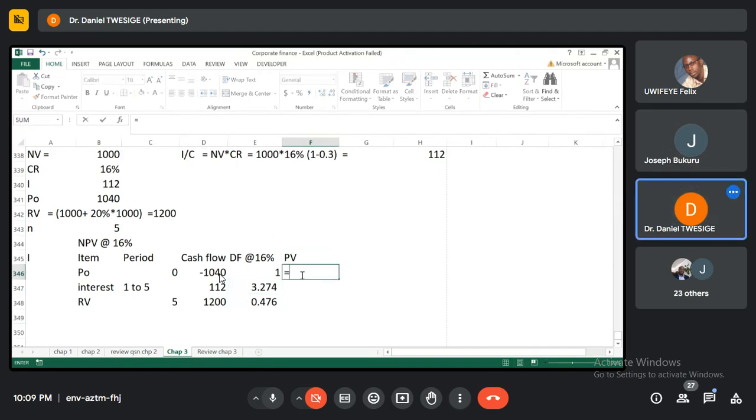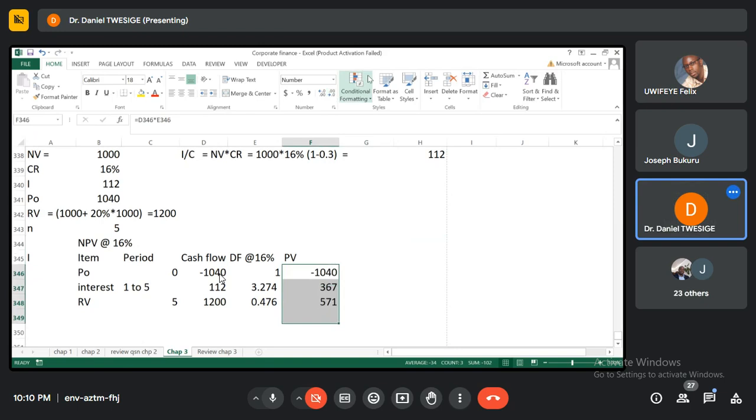Then I can get my PV, which is this times this. I've rounded off.